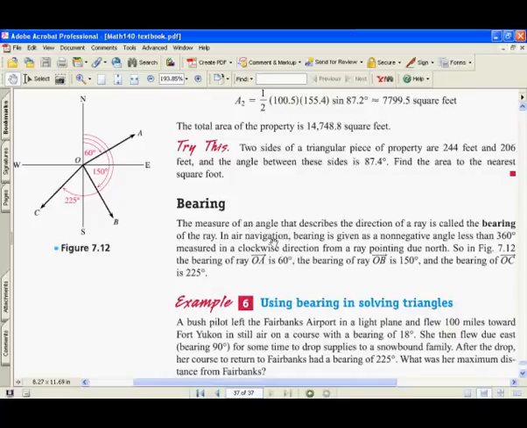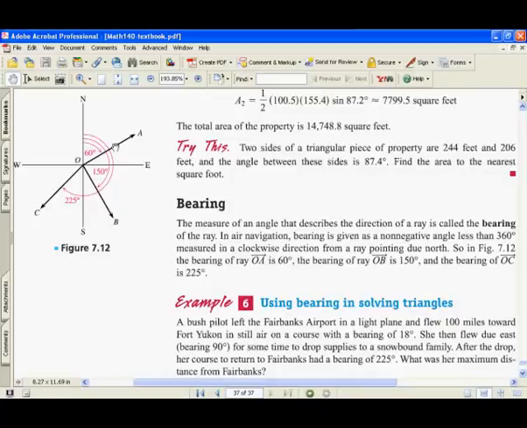In air navigation, bearing is given as a non-negative angle, bigger than 0 but less than 360 degrees, measured in a clockwise direction from a ray pointing due north. So first you have the ray pointing due north, and then you measure the bearing from this ray in a clockwise direction to get the bearing of any ray.